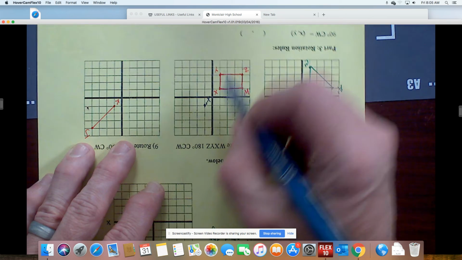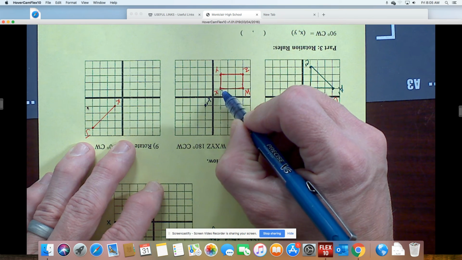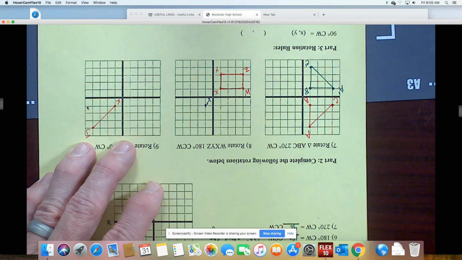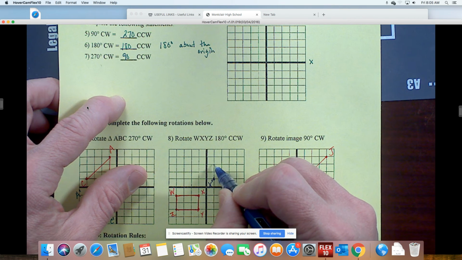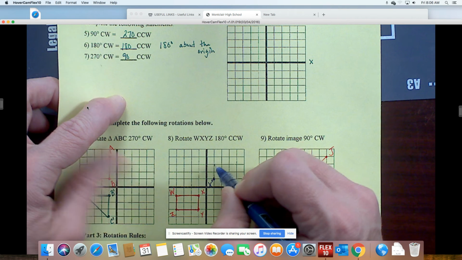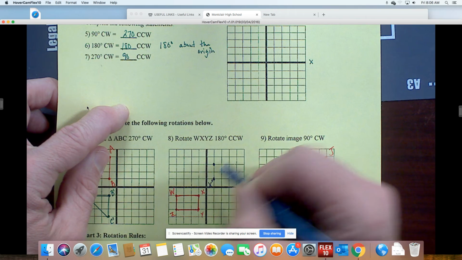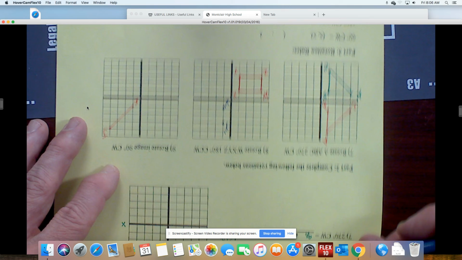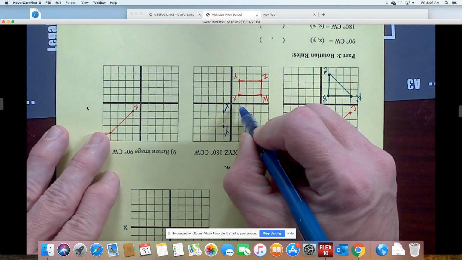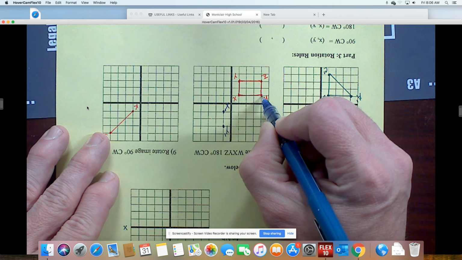Rotate again, 90, 180. My Y would be +1, 1, 2, 3, +3. So +1, +3. Y prime. Rotate 180. Now we're getting quick. Get the hang of it. 1, 2, 3, 4. +4, +1 will be W prime.